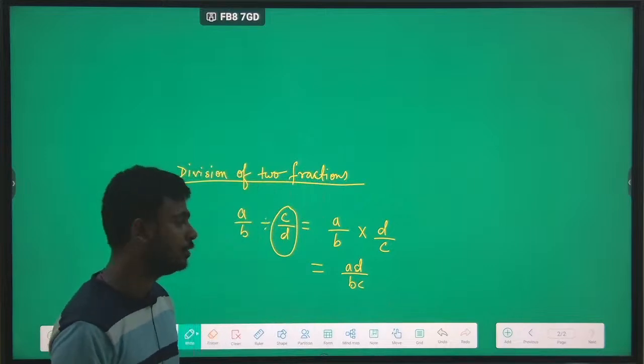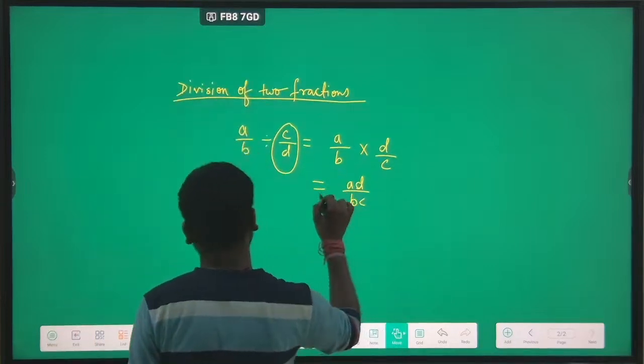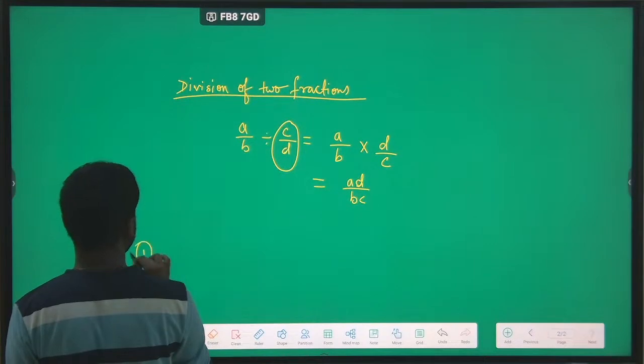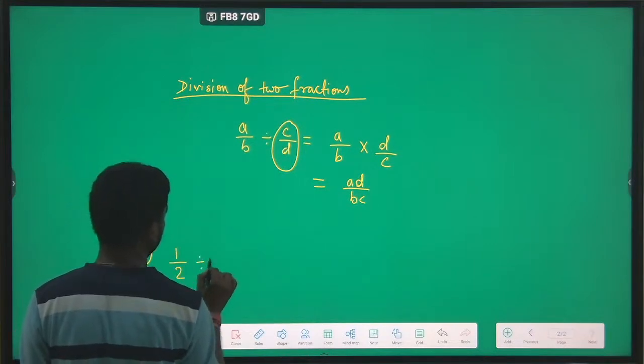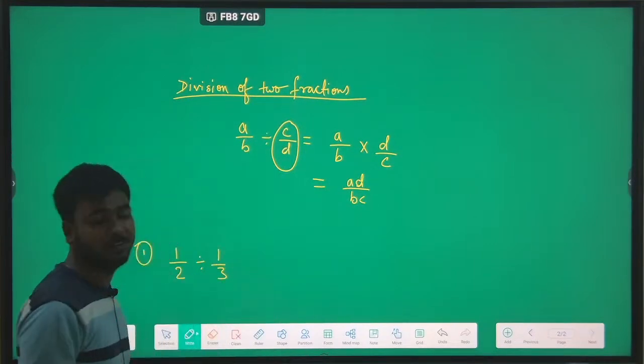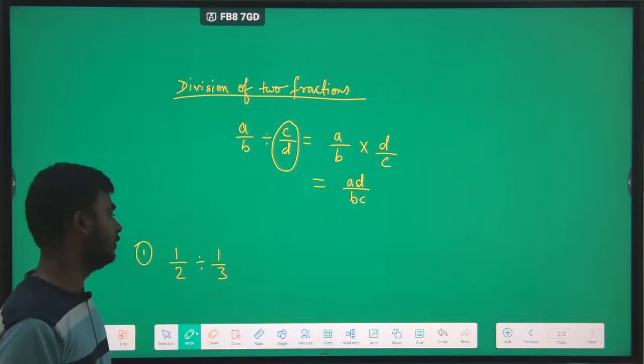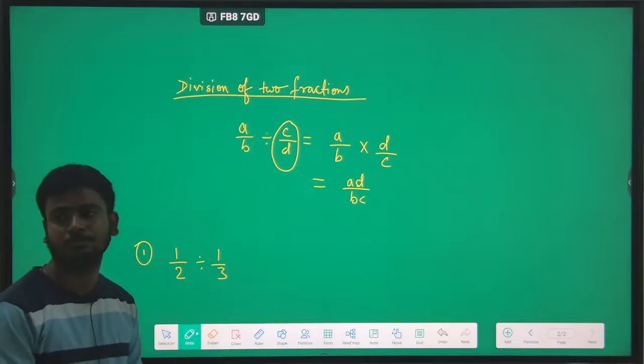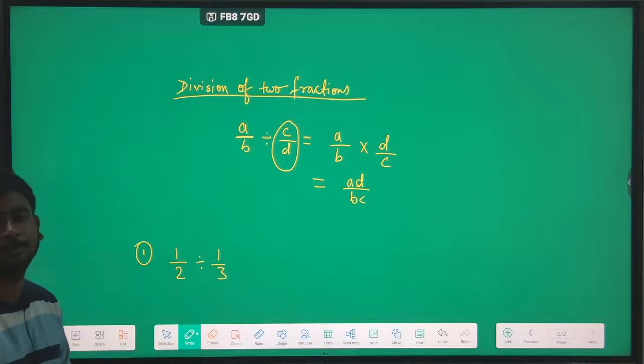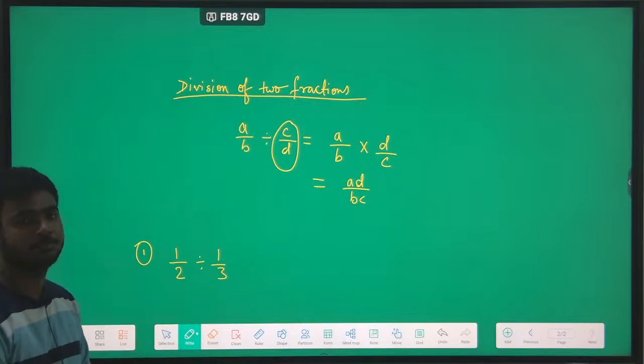Now we will try to solve the questions. Our first question is, let us suppose we are dividing 1 by 2 with 1 by 3. So what will we get? You first try, then I will try. What will be the value of 1 by 2 divided with 1 by 3?